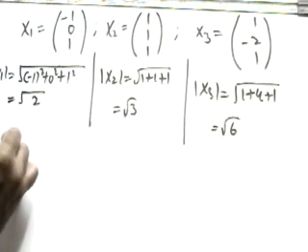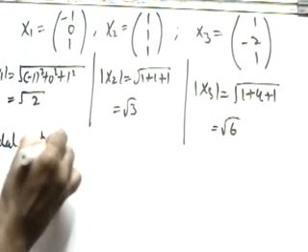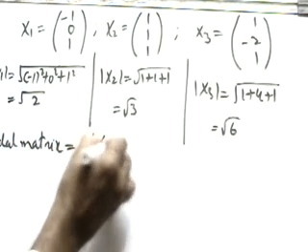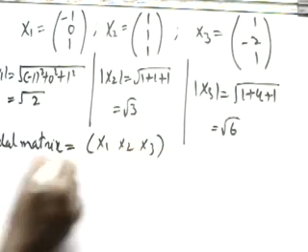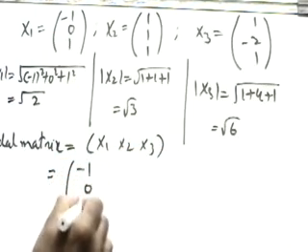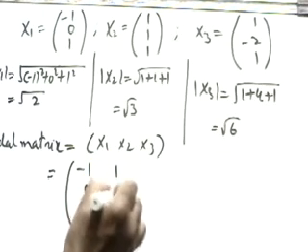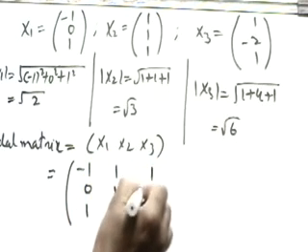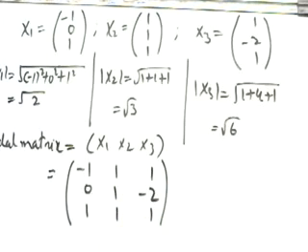Now we are having model matrices x1, x2, x3. So you get x1 is minus 1, 0, 1. x2 is 1, 1, 1, x3 is 1, minus 2, 1. This is model matrix.